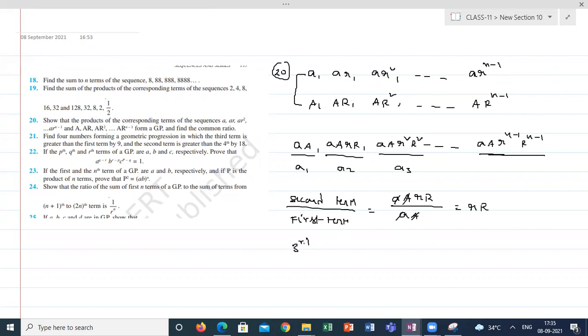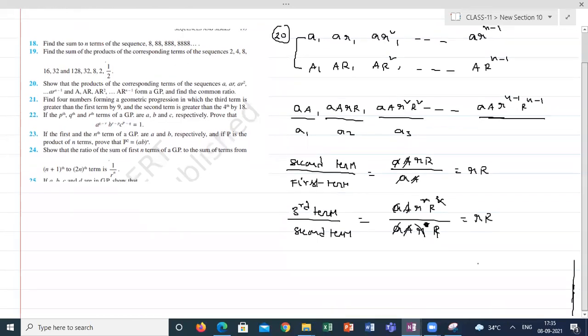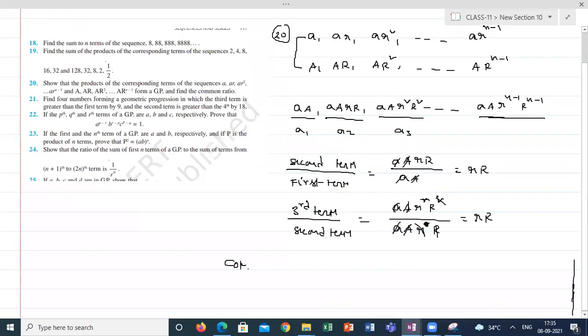I'm taking the third term divided by the second term. Let's see what I'm getting. I'm getting the same ratio. So it is clearly seen that the common ratio is coming the same.